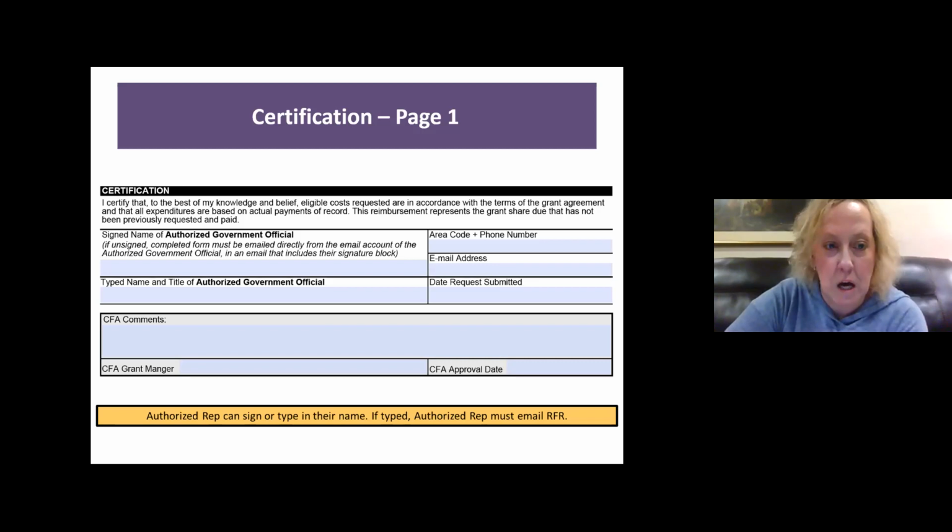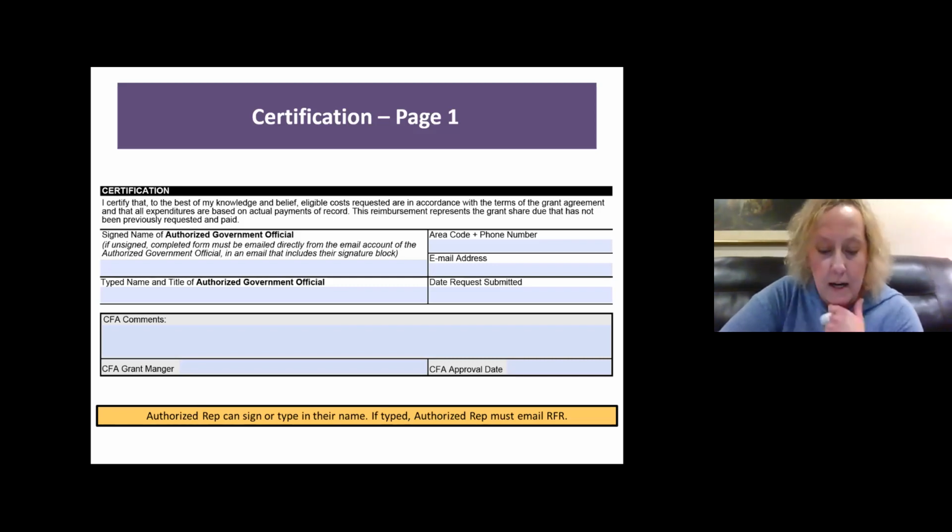If they decide to type in the name of your authorized representative and date it, that's fine. But then the reimbursement does need to be emailed from the authorized official's email account in order to be essentially eligible for consideration.